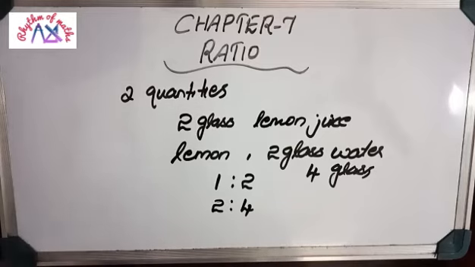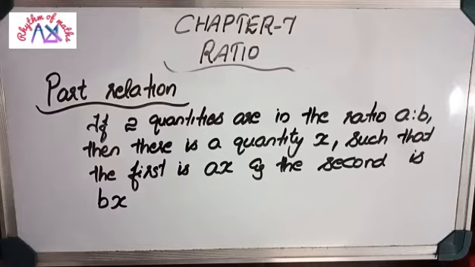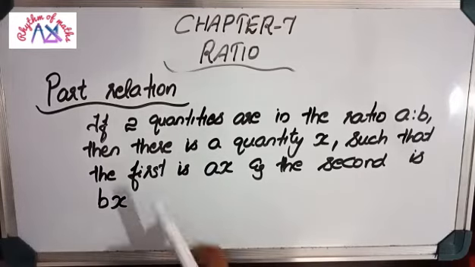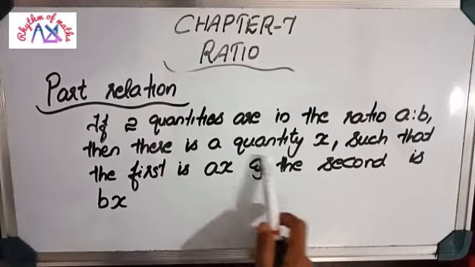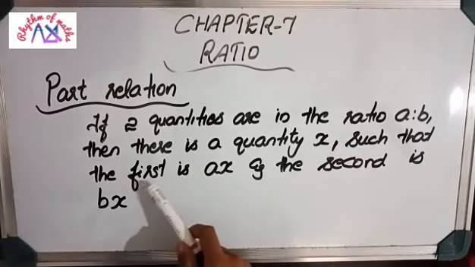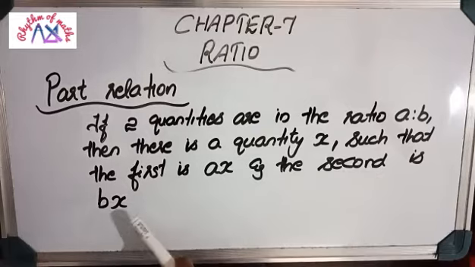Now let's do the first subheading, that is part relation. In this subheading, we have to learn one concept: if two quantities are in the ratio A:B, then there is a quantity x such that the first is Ax and the second is Bx.